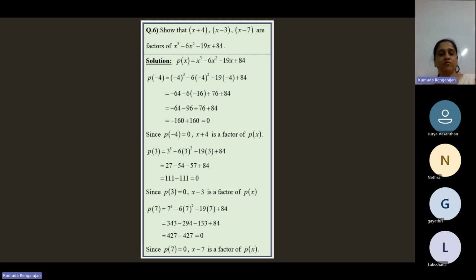For x minus 3, you'll have to find P of 3. For x minus 7, find P of 7. Everywhere you see the value 0, so the given expressions are factors.